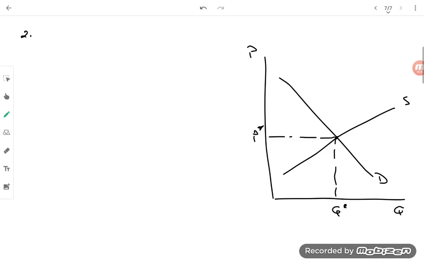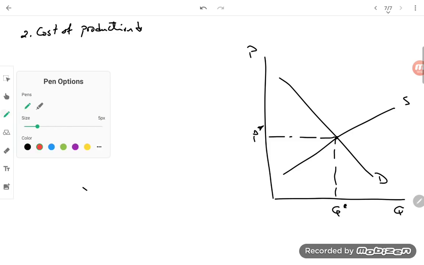Say, for example, cost of production decreased. To be more precise, let's assume that there is a decrease in the wage rate. A decrease in the wage rate, or a decrease in cost of production, will shift the supply curve to the right, as suppliers can produce more.